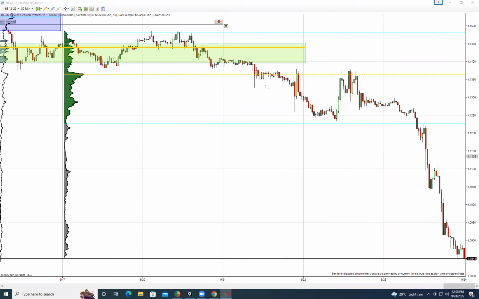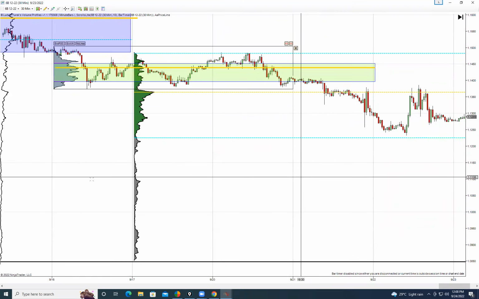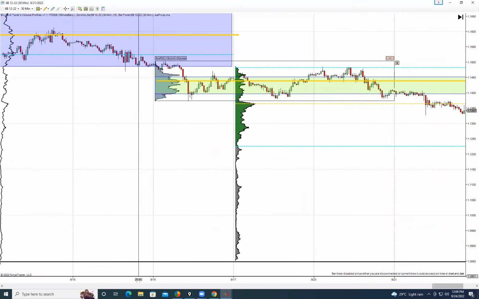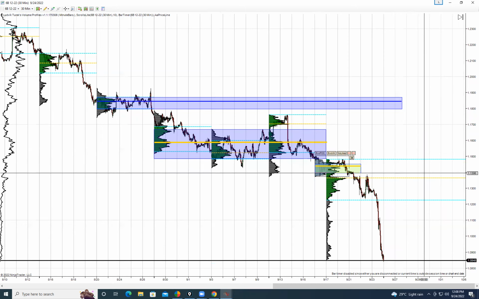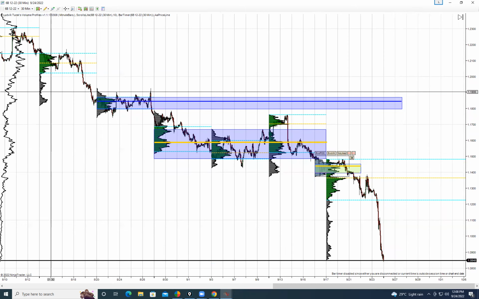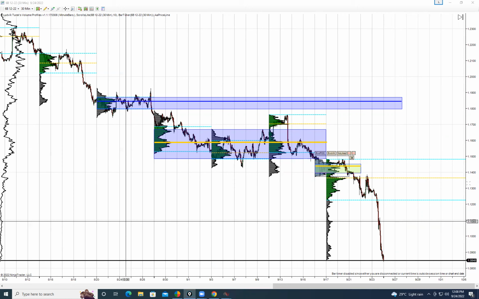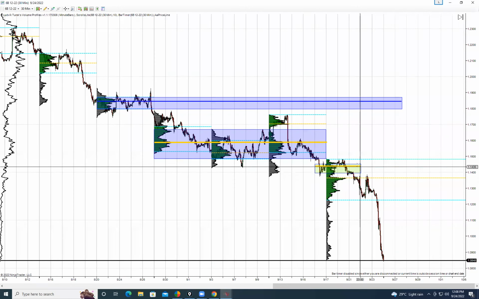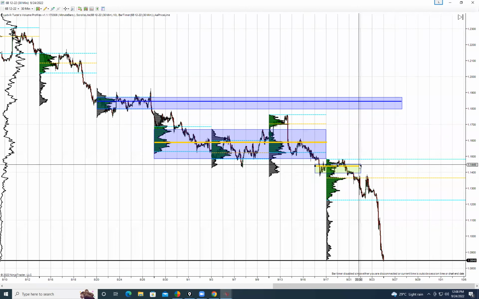Remember we looked at these two balances here, and we said we shall use them to confirm what is likely to happen in the following week. So this entire week just ended.